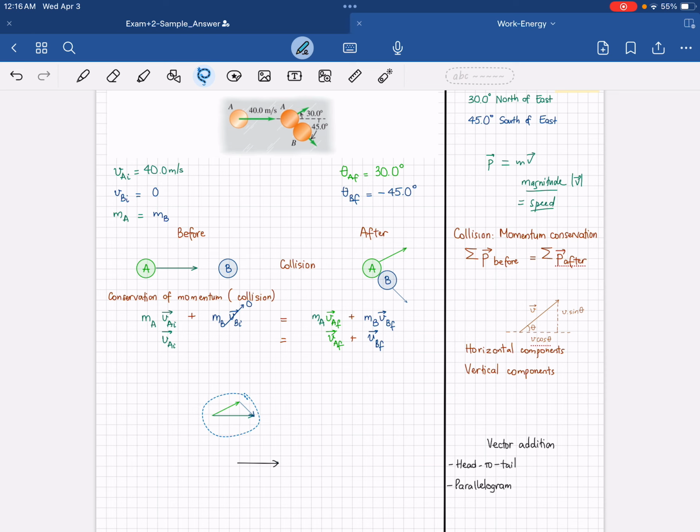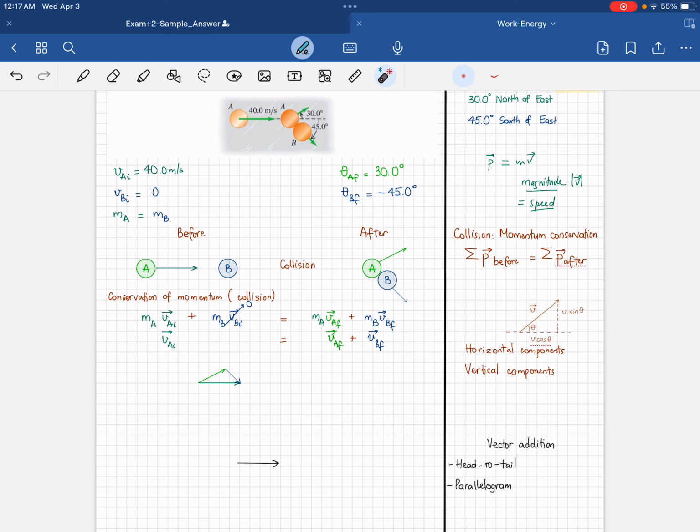This is the relationship between these two vectors. We should figure out a way to solve for the length of this one and this one from what we know here. We know this one should be 40 meters per second.